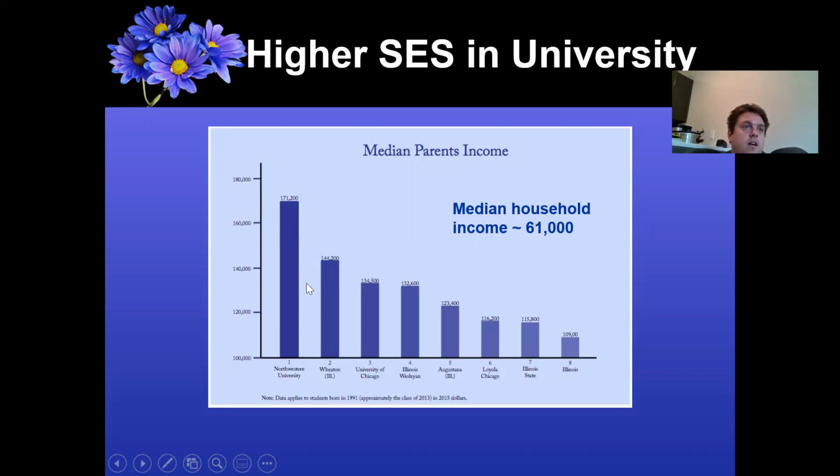With that in mind, we also know that those higher end schools are going to attract higher income families than the lower schools. So the fact that they're publishing more means publications are going to come from higher income families rather than low income families, because higher income families' children are more likely to go to the higher research institutes.